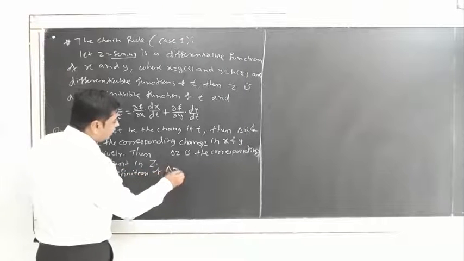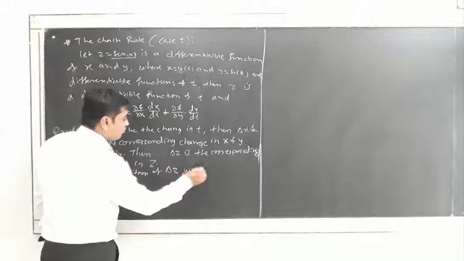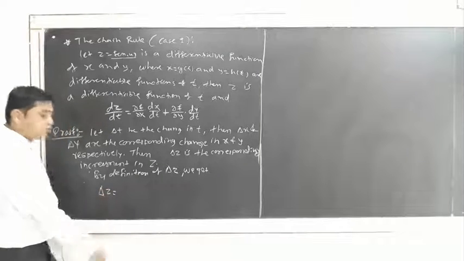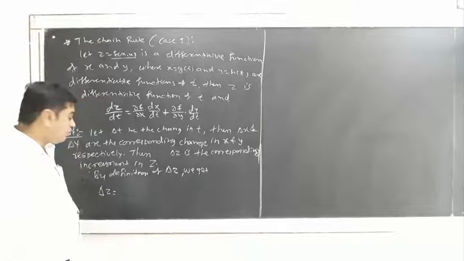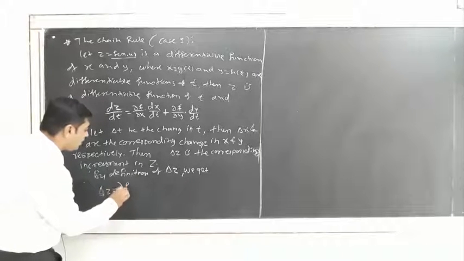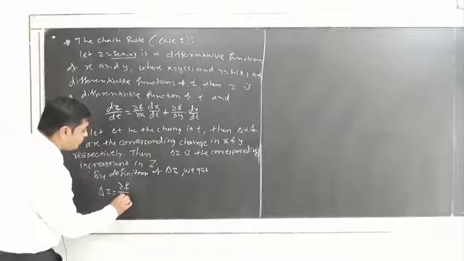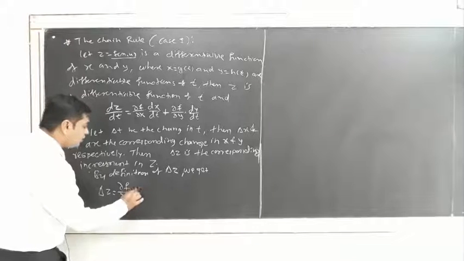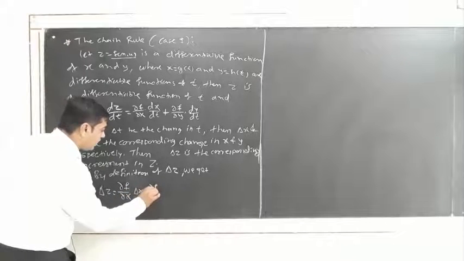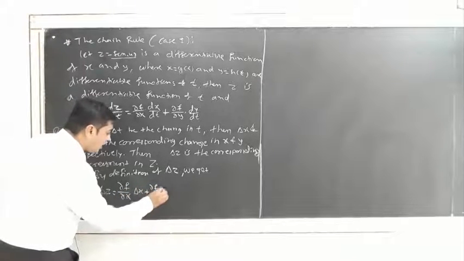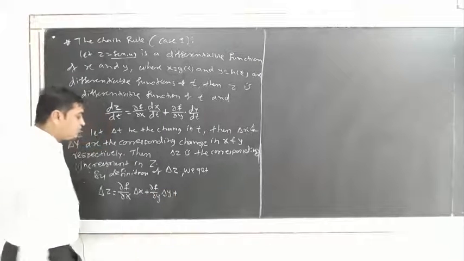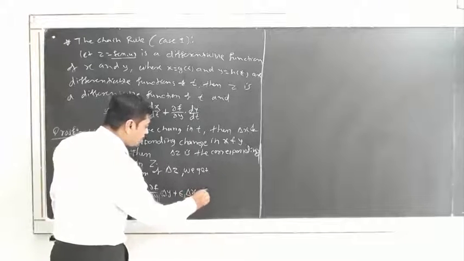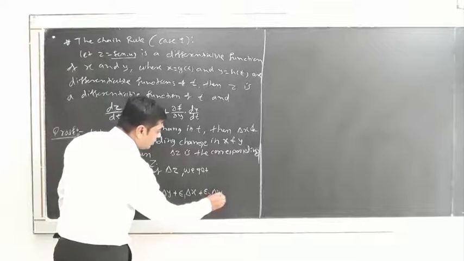of delta z, we get delta z is equal to, so write down the definition of differentiability. It is del f by del x into delta x plus del f by del y delta y plus epsilon 1 delta x plus epsilon 2 delta y.